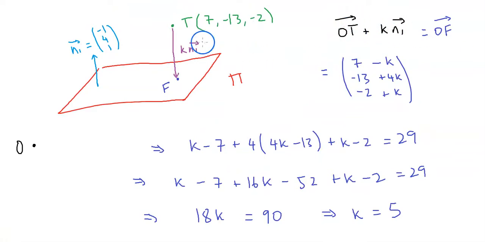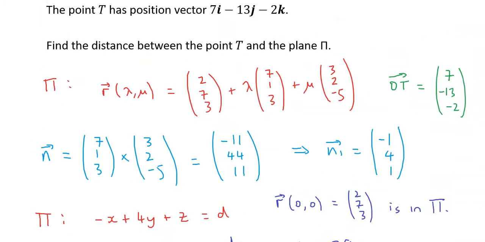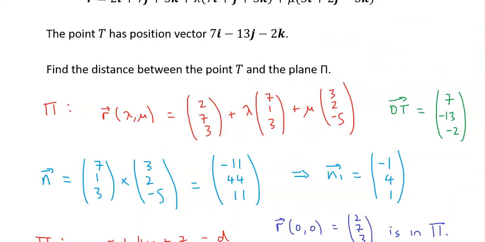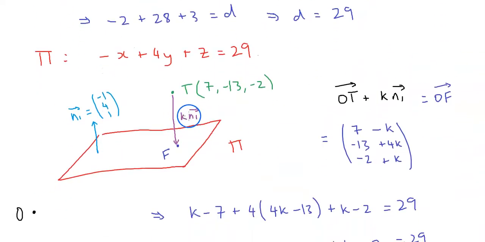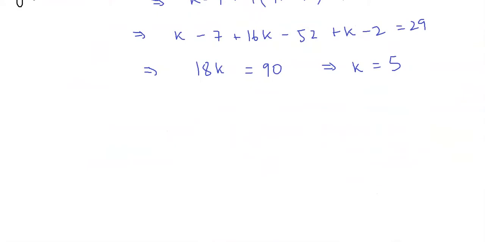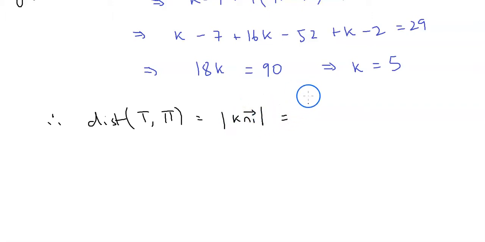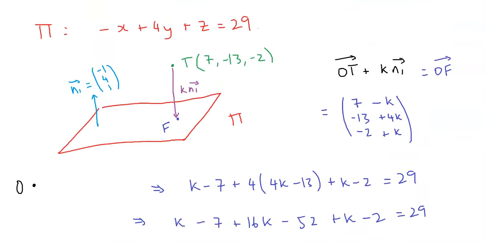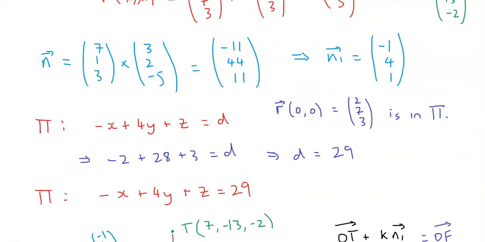And then from there, observe that the distance between the point T and the plane pi is simply the length of this vector k times n1, where k is equal to 5. So therefore, the distance between T and pi is equal to the length of k times n1, which is equal to the length of the vector 5 times (negative 1, 4, 1).